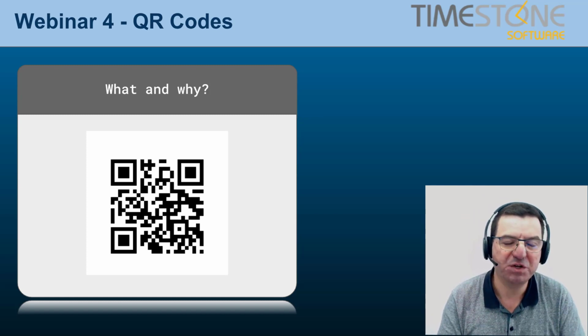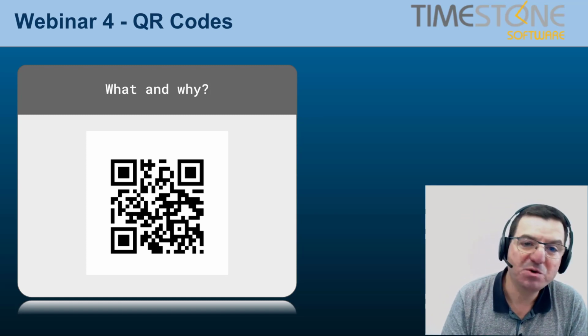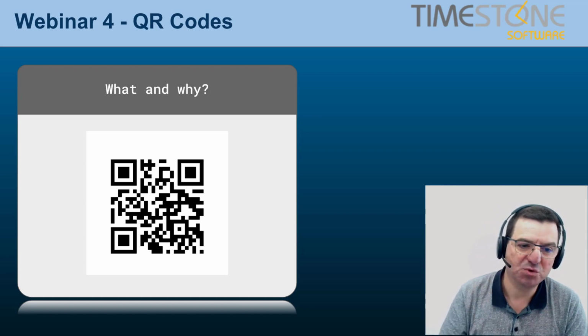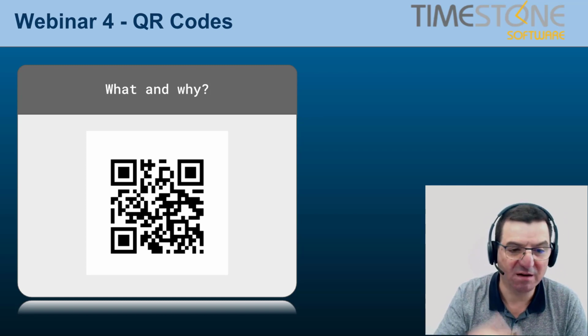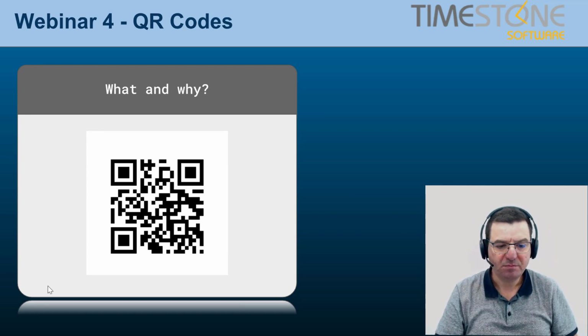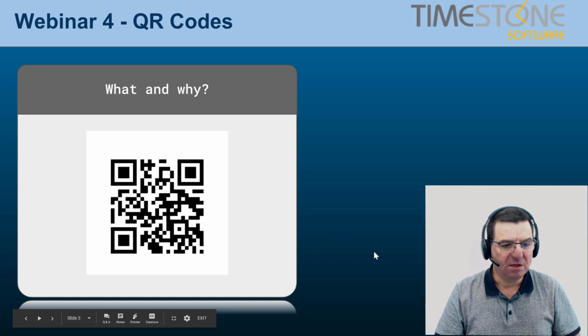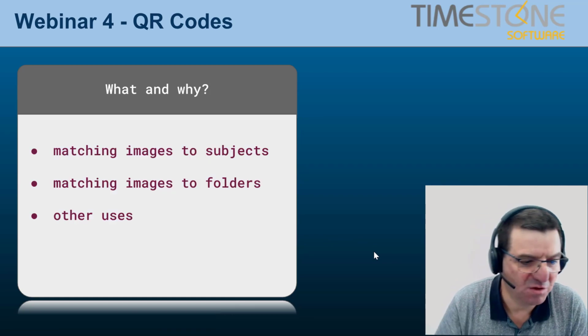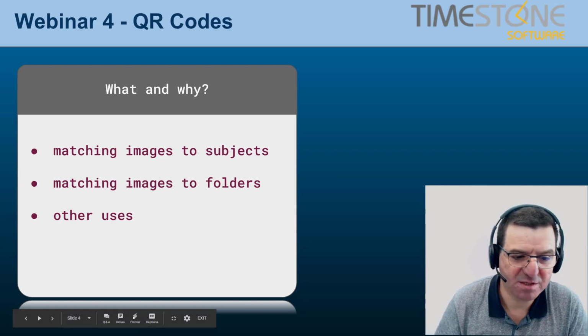They are an image, a visual thing, and the way we use them is just like as I just described. For the most part, we use them with your images as a mechanism to match images to data via their unique field, which we'll get to. So, yeah, the most common use of QRs in our software is to match images to subjects.